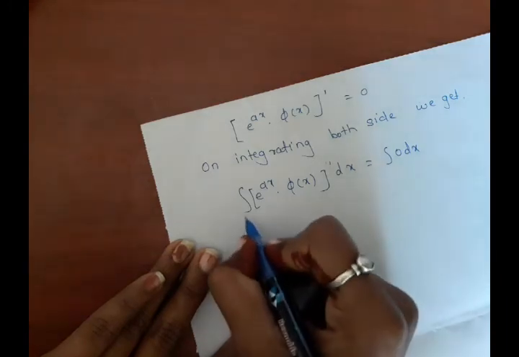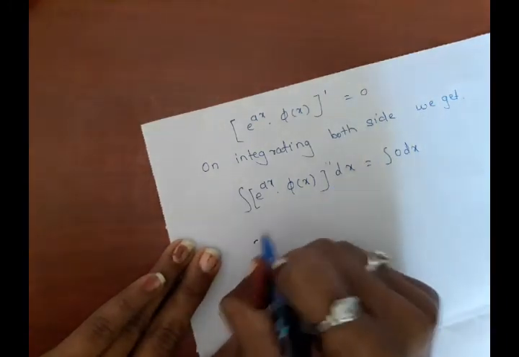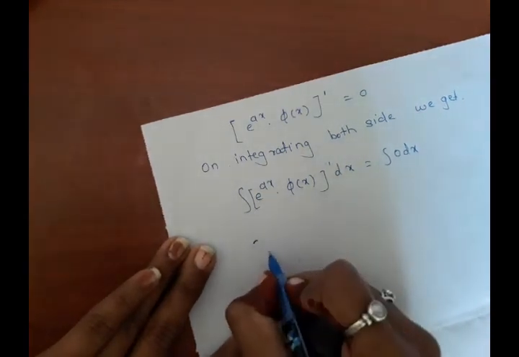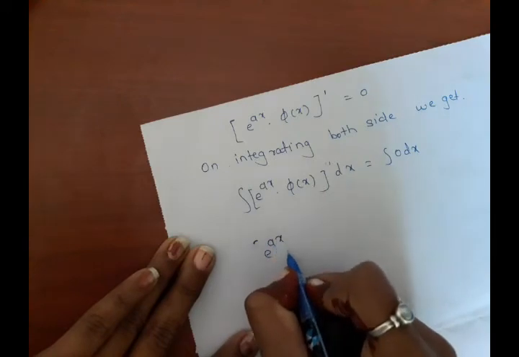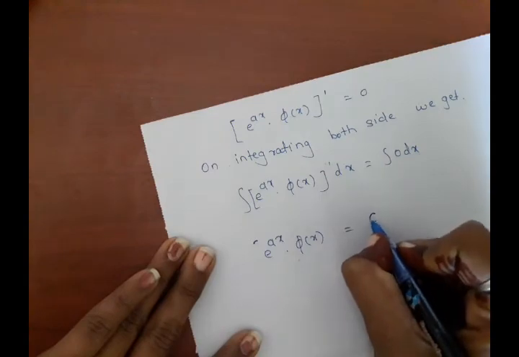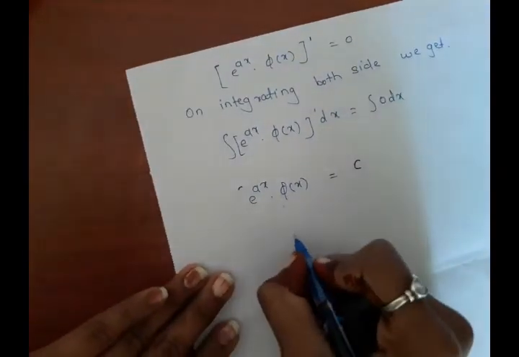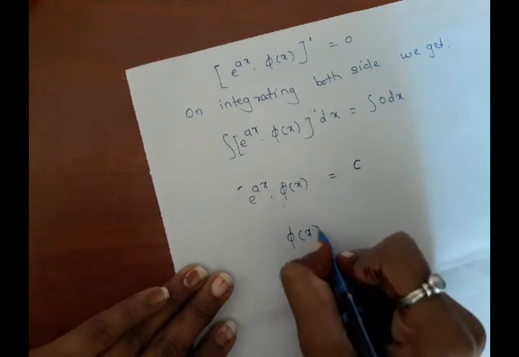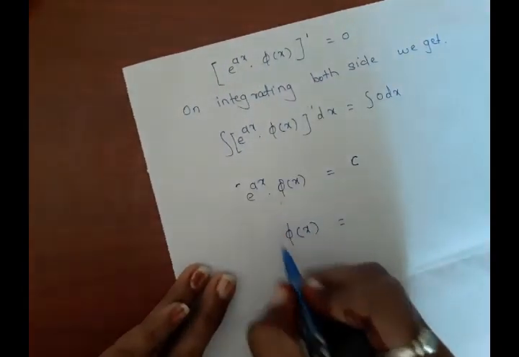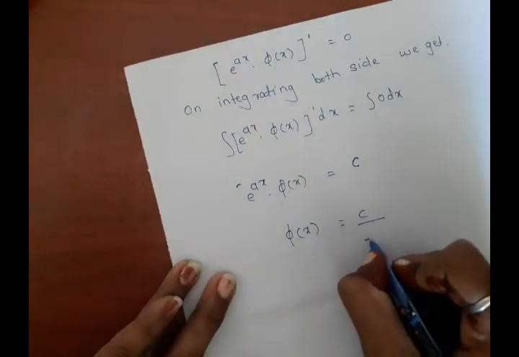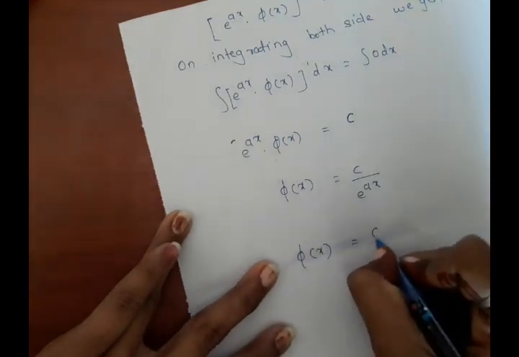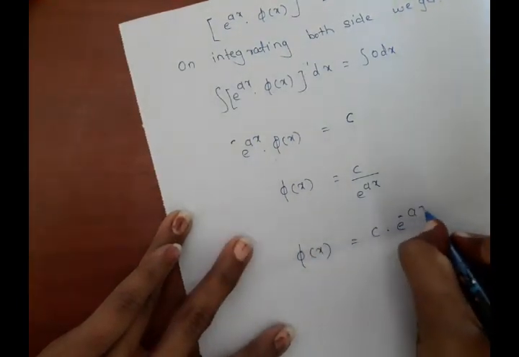Integration and derivative get cancelled, that is, integration is the inverse of derivative. So we get e^(ax) phi(x) = c, the constant of integration. Then divide throughout by e^(ax) on both sides, we get phi(x) = c / e^(ax) = c e^(-ax).